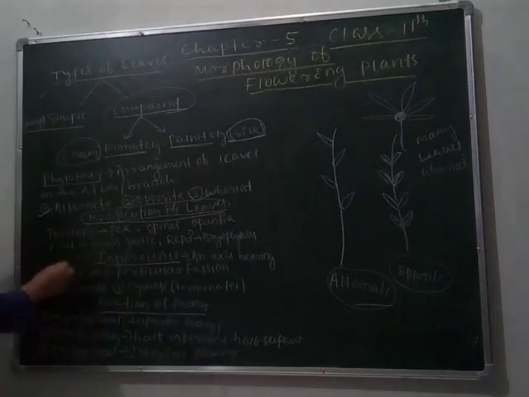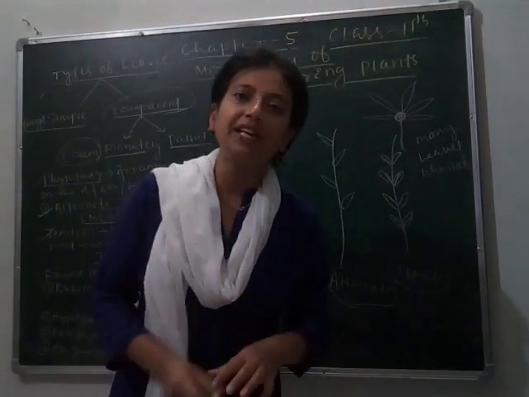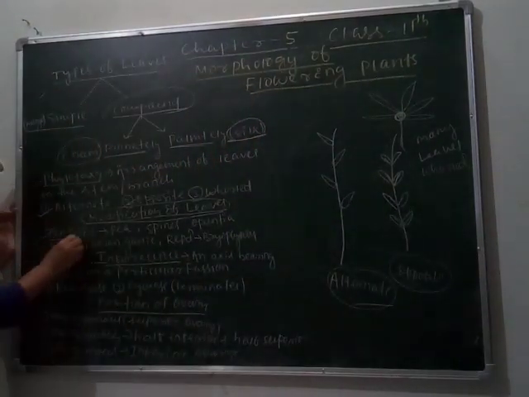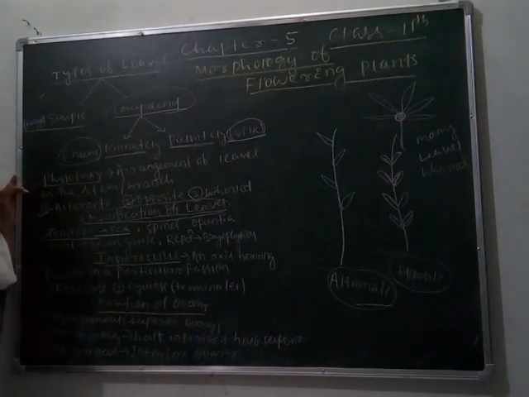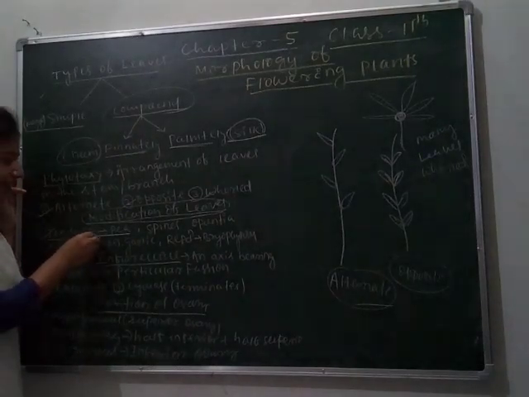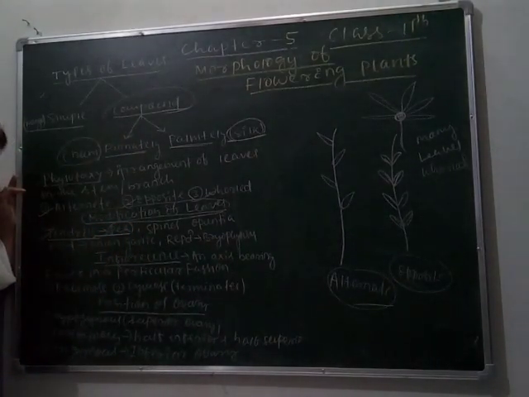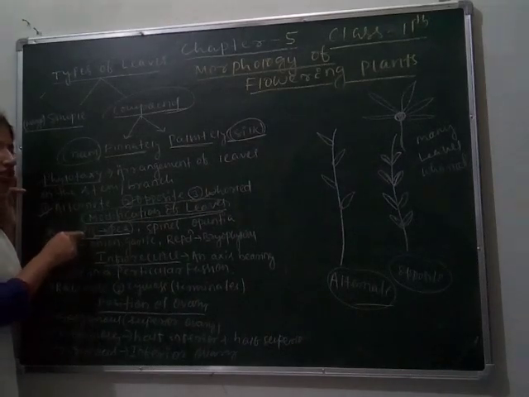You can see here, the leaf is converted into a tendril in pea for support. In the case of pea, the leaf becomes a tendril to give support.